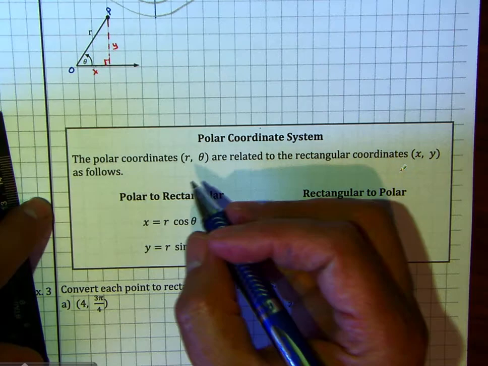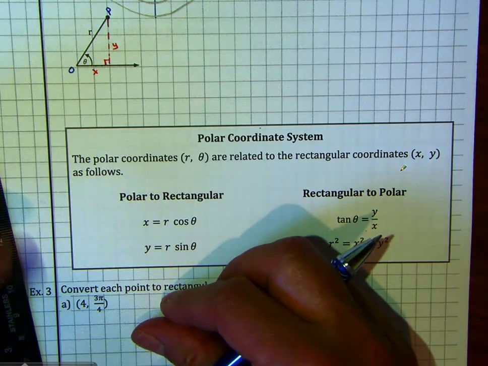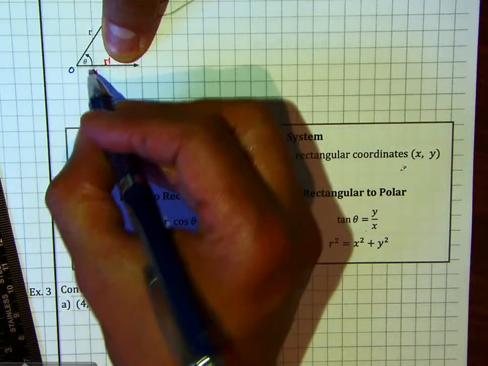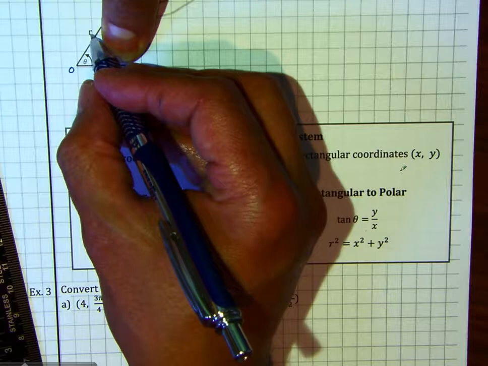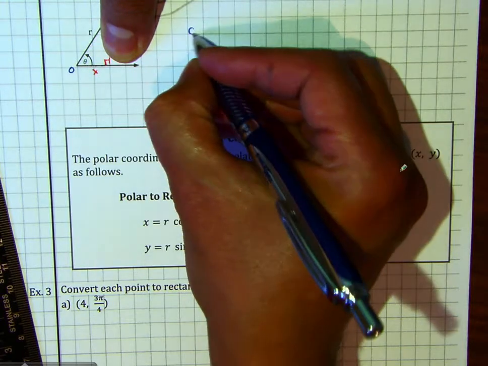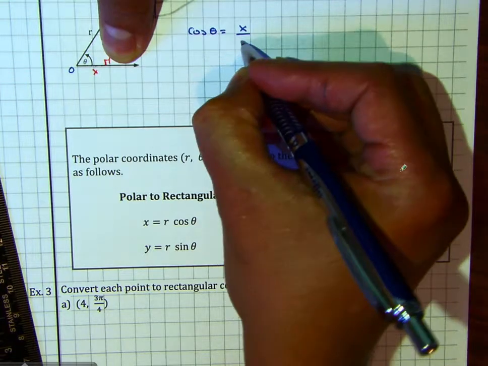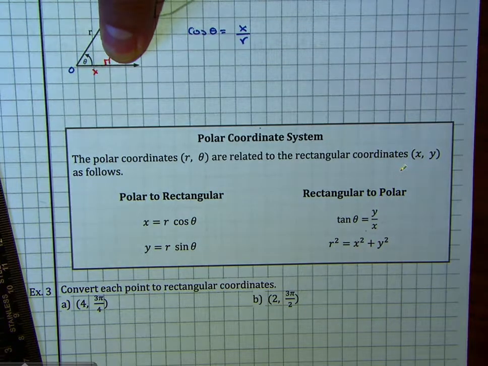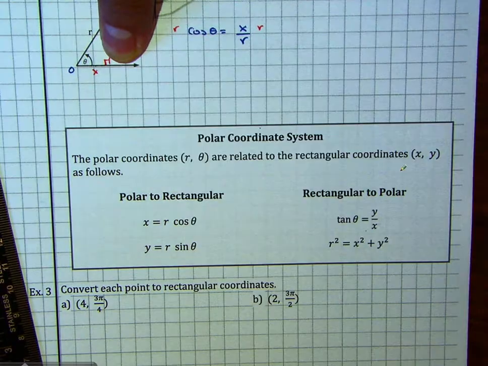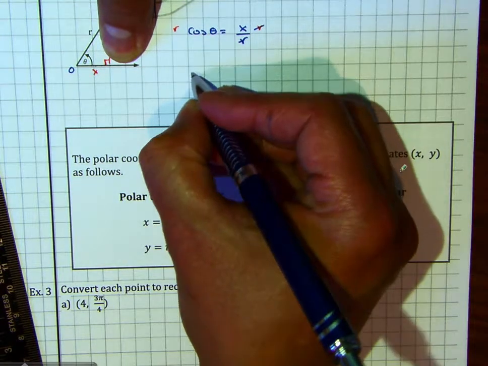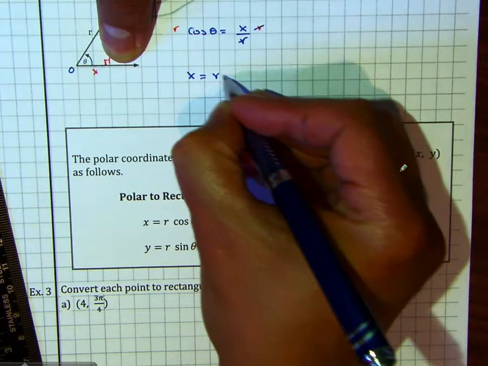So therefore, if I'm looking for x and need to use the angle, x will be your adjacent over hypotenuse. So therefore the cosine of the angle will be equal to x over your hypotenuse, which is r. If you multiply both sides by r to solve for x, the r's cancel. So therefore x will be equal to r cosine of theta.